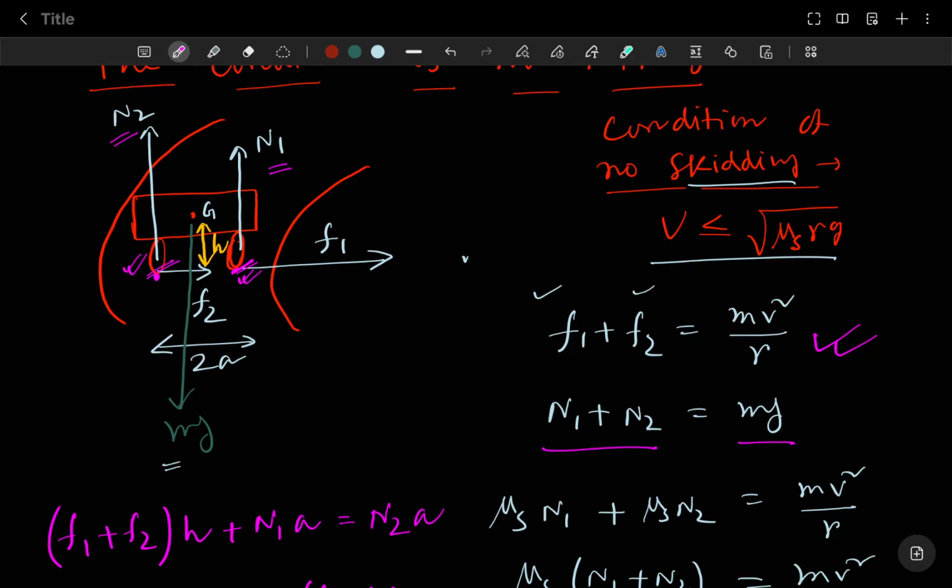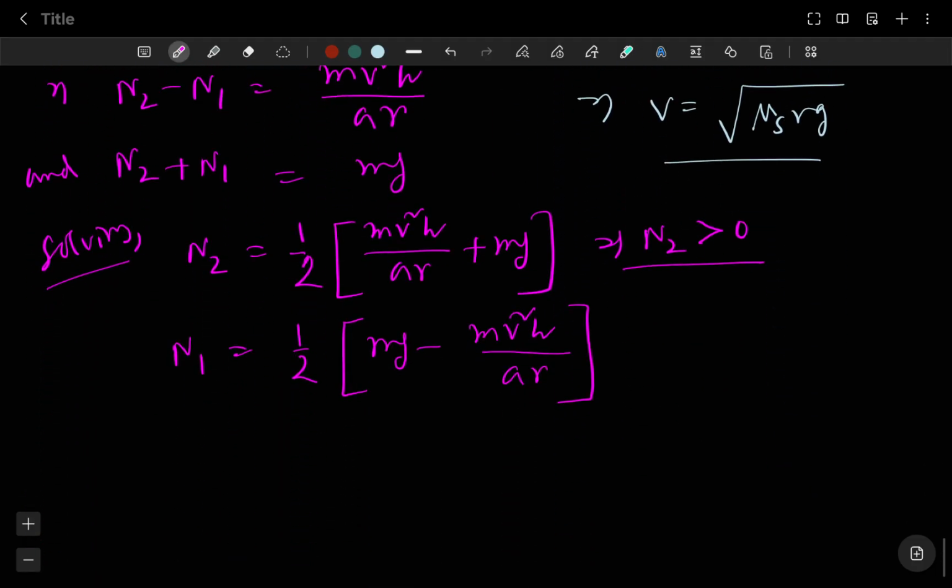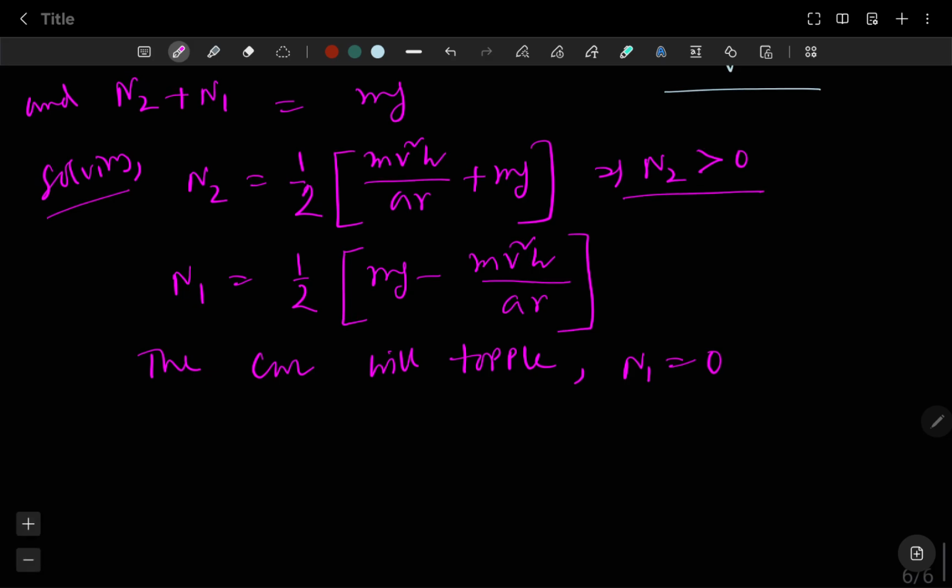The car will topple when N1 becomes 0. So put N1 equals 0, so the half part is 0.